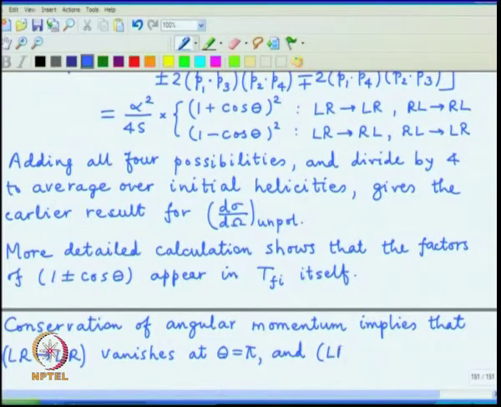Similarly, in the flipped case, the LR to RL amplitude vanishes at theta equal to 0. So, that explains where this 1 plus cos theta and 1 minus cos theta appear as well.